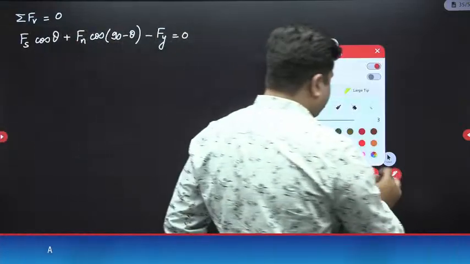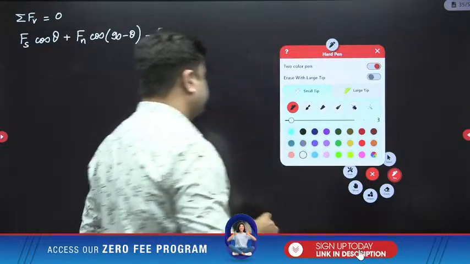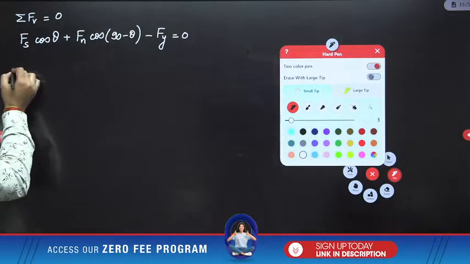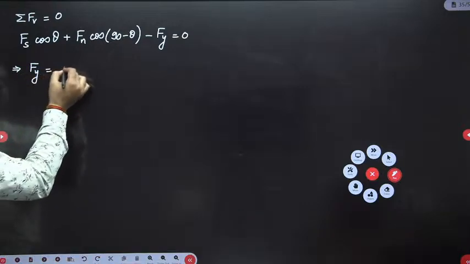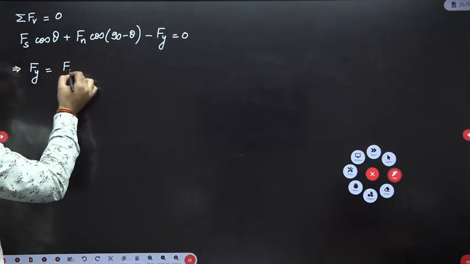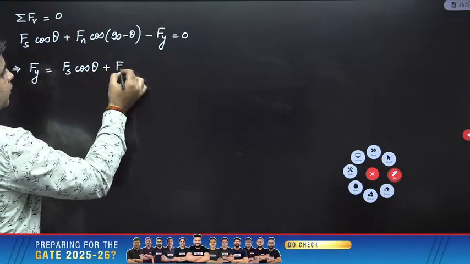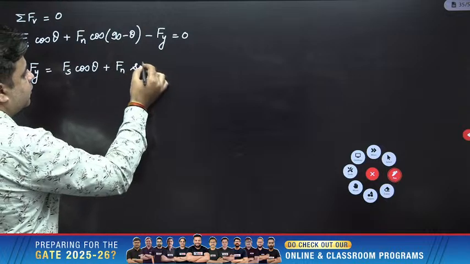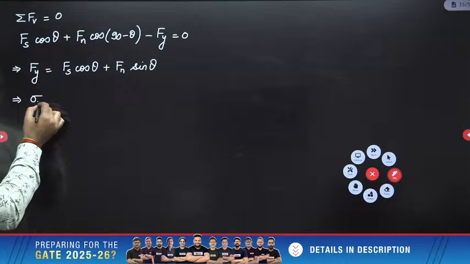Substitute all the values and get me the value of Fy. So I will write down Fy is equal to Fs cos theta plus Fn sine theta. So Fy is sigma y into BC.